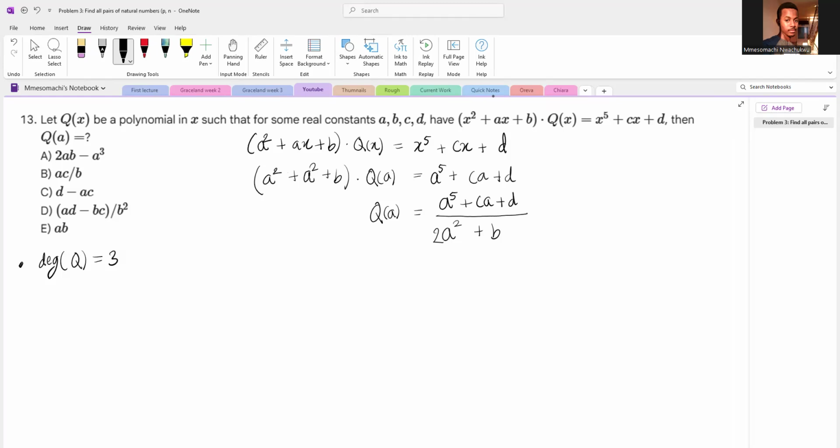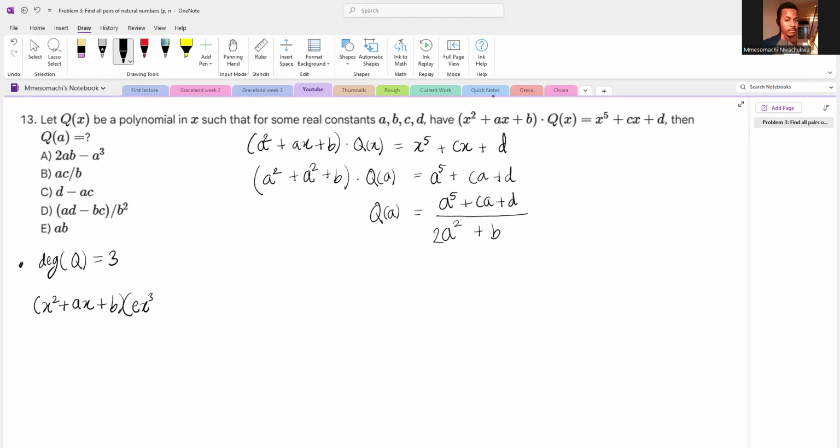So we can say x squared plus ax plus b. Now we could have something like a coefficient on x cubed, but I'm going to skip this because the coefficient of the fifth power on the right-hand side is 1.